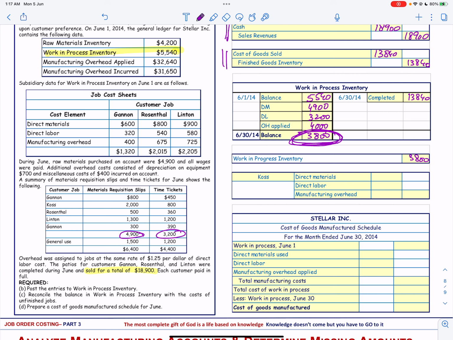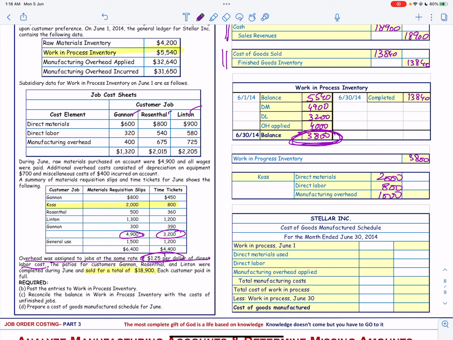Now you can see that the jobs for Canon, Rosenthal and Linton were complete, but there is one more customer, and that is COS. Now the direct material used by COS is 2000, and the direct labor is 800, and the overhead will be 1.25 times 800, that is 1000, because you can see that overhead is assigned to jobs at the rate of 1.25 of direct labor cost.